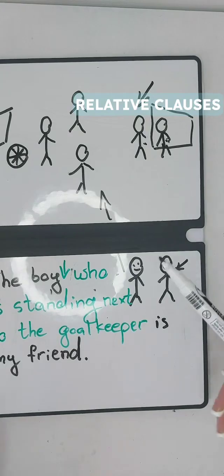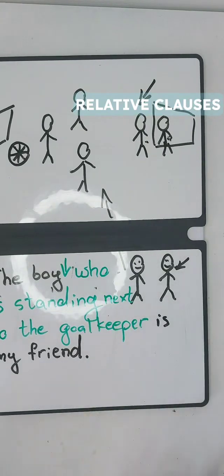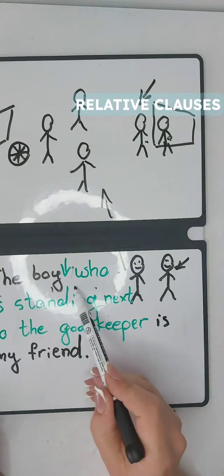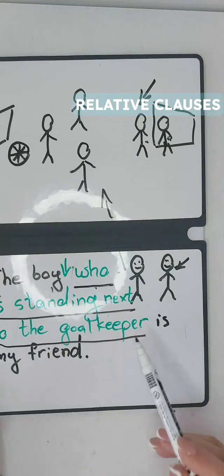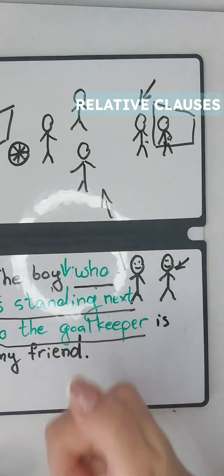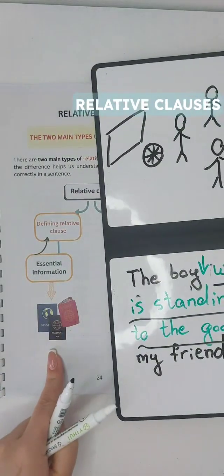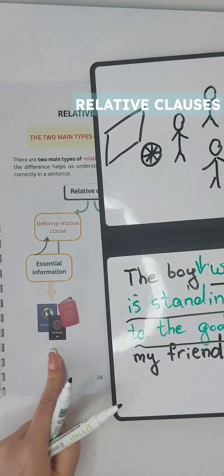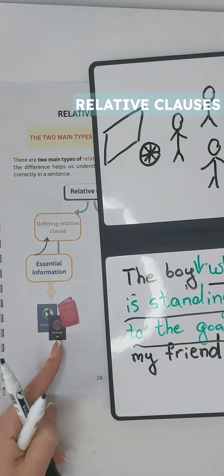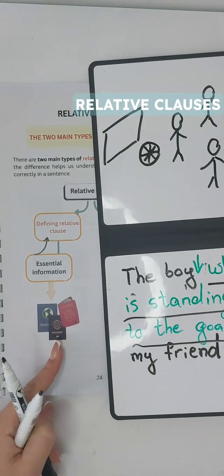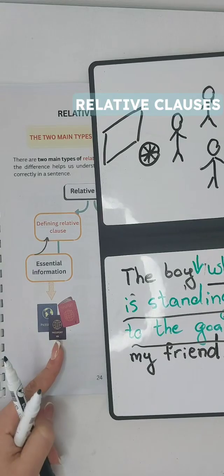So, the boy who is standing next to the goalkeeper is my friend. This information is essential. It works like a passport. It helps us identify a person, a thing, an animal.